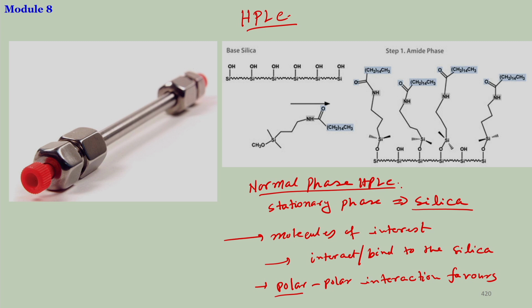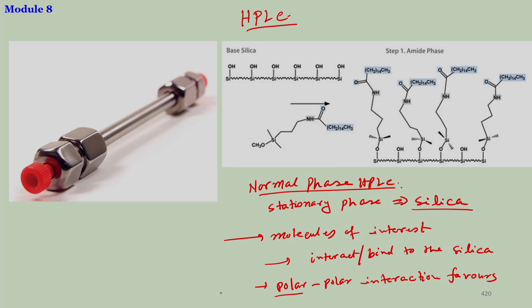So, if you have a number of molecules with different polarity and you inject them into the normal phase HPLC column, then according to their polarity difference, their binding affinity or binding constant with the silica would be different. After that you now send a mobile phase.